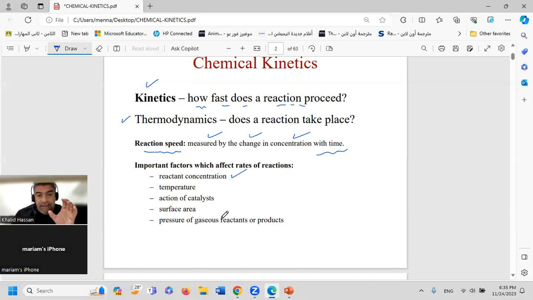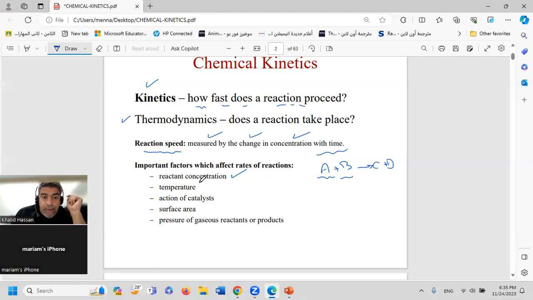We have reactants A and B, for example A plus B gives C plus D. The concentration of the reactants, and we are always talking about reactants, will affect your kinetics. Whether you increase or decrease concentration, the reaction will move faster or slower. This will be covered in detail later.